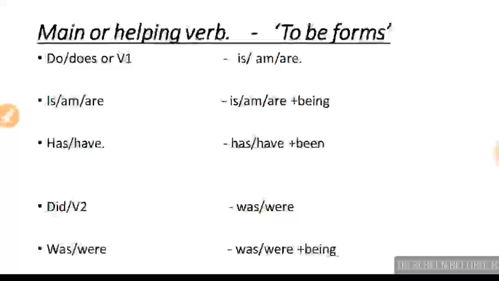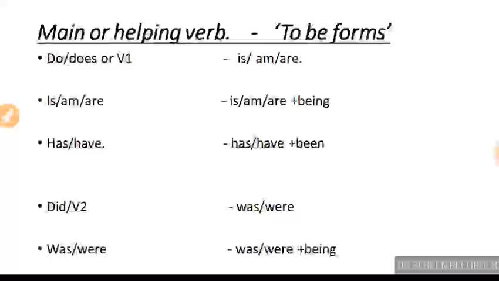If there is is, am, are in the active sentence, then the to be form will be is, am, are plus been. If there is has or have in the active sentence, their to be form will be has or have plus been.